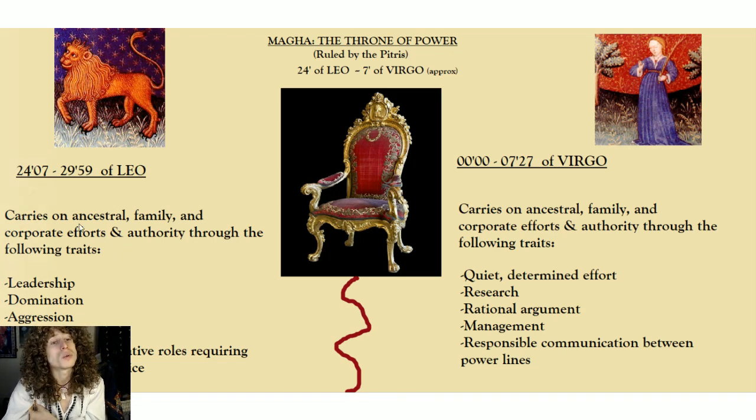Now, this all has to do with Leo, right? A planet in 27 degrees of Leo is going to be expressing Magha, the throne of power, and it's going to be doing it through Leo-like tendencies, which honestly, for the most part, is probably more consistent with Leo anyway.